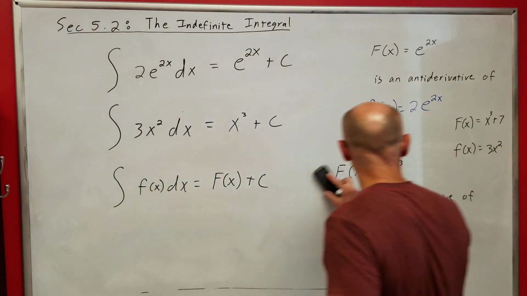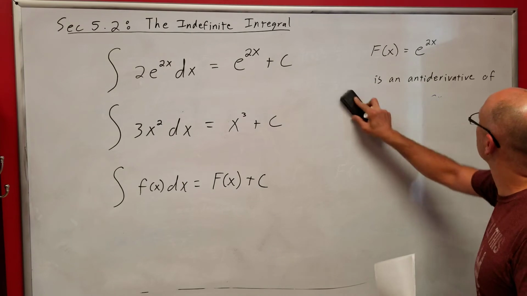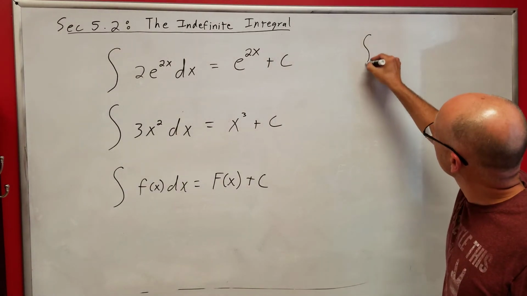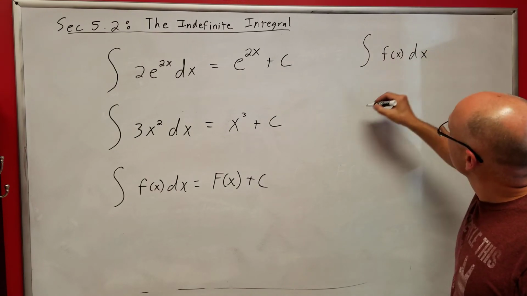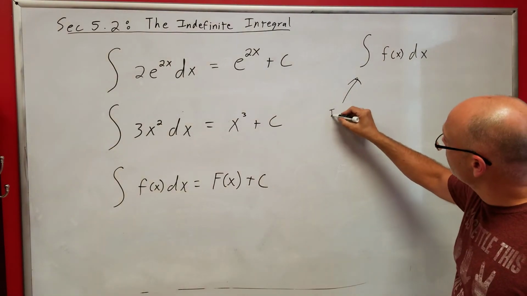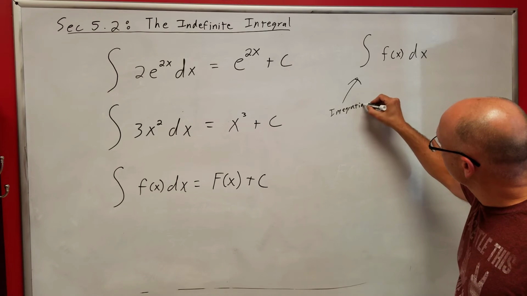Now, let's go over some terminology real quick whenever we use this integration symbol, okay? So if I have something like this, the integral of f of x dx, we call this elongated S the integration sign or integration symbol.